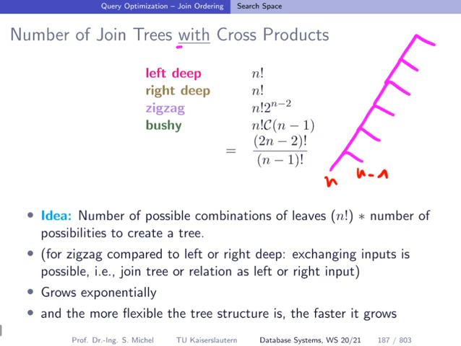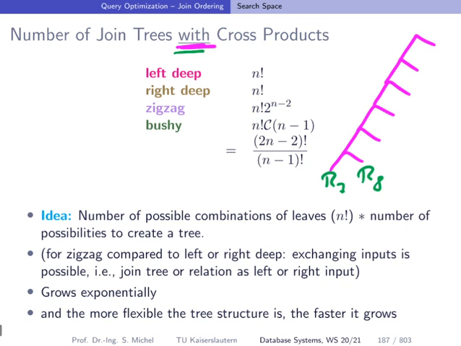It's important here to consider that we allow cross products, because otherwise it's perhaps not possible to join relation 7 with relation 8, because there's no edge in the query graph, right? And then if we cannot join R7 with R8, then this assignment of the relations to the leaves would not be possible, right?